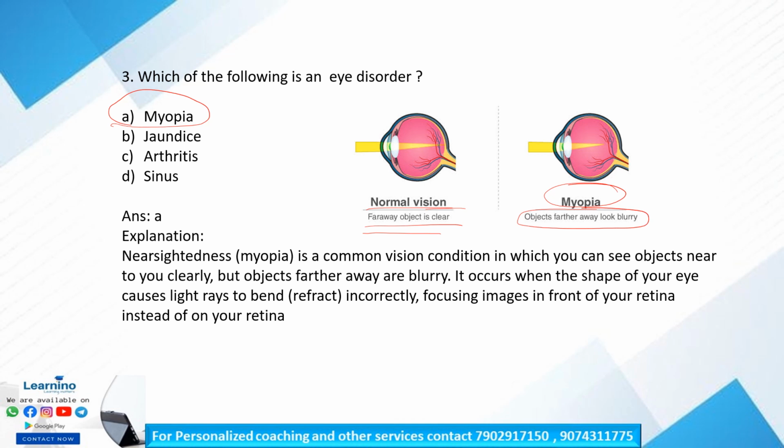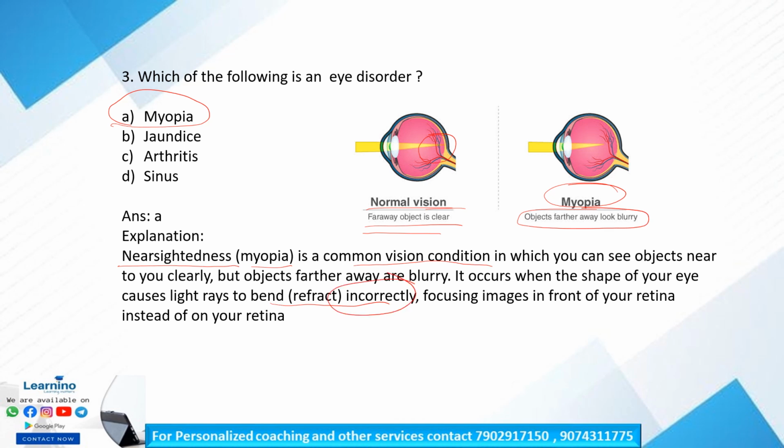So let's see the explanation. Nearsightedness, or myopia, is a common vision condition in which you can see objects near to you clearly, but objects further away are blurry. It occurs when the shape of your eye causes light rays to bend or refract incorrectly, focusing images in front of your retina instead of on your retina.